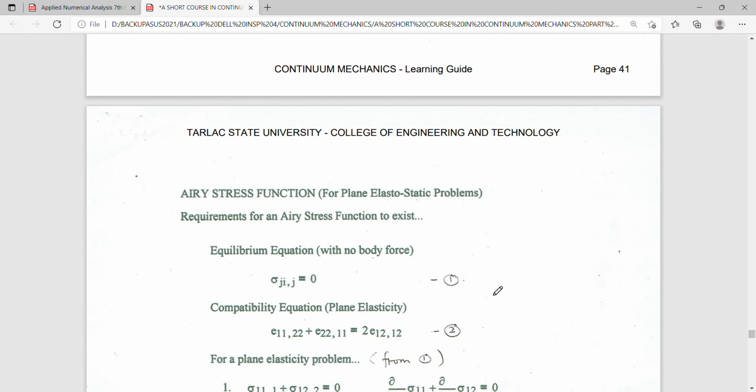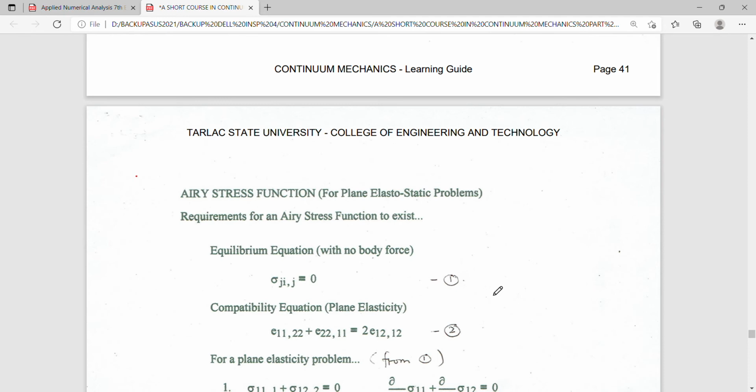Okay, so this Airy stress function is very similar to the stress surface that Cauchy has proposed. This is not a vector; it is a function wherein the stress field is converted in a form of a surface equation. Okay, it's a surface function.